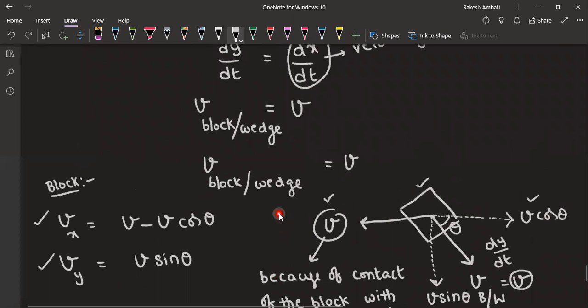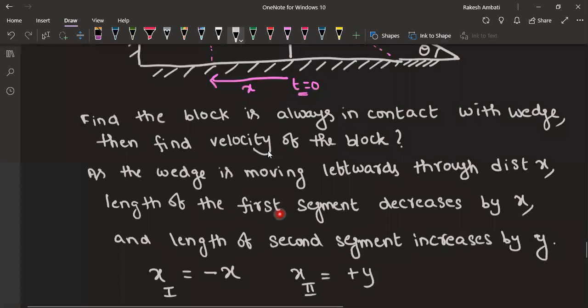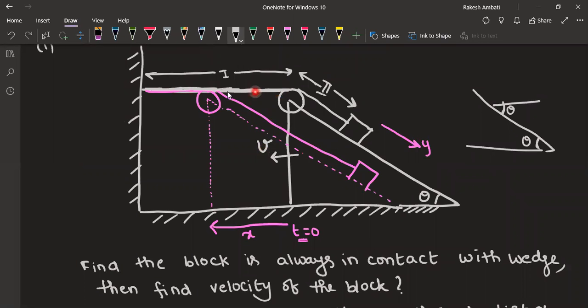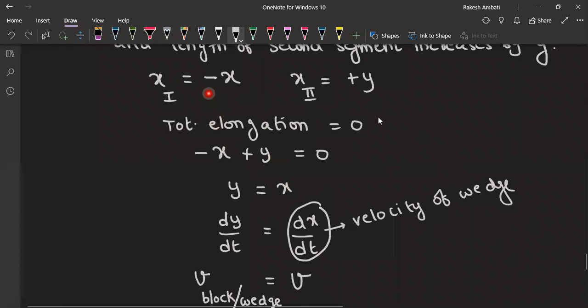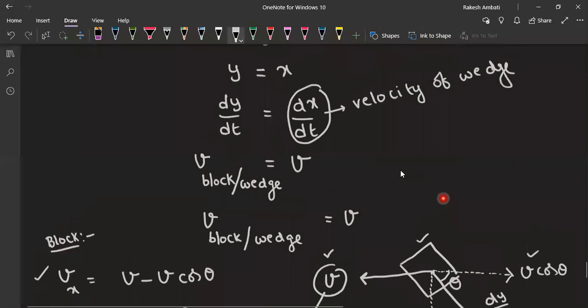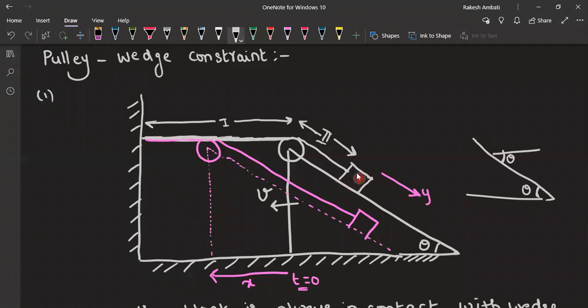So this is the question. The only thing we have to understand is which segment length is increasing and which segment length is decreasing. Accordingly, we get the first equation. And what is the second equation? In this question, the block is always in contact with the wedge. So if the wedge is moving to the left side, the block also has velocity to the left side.